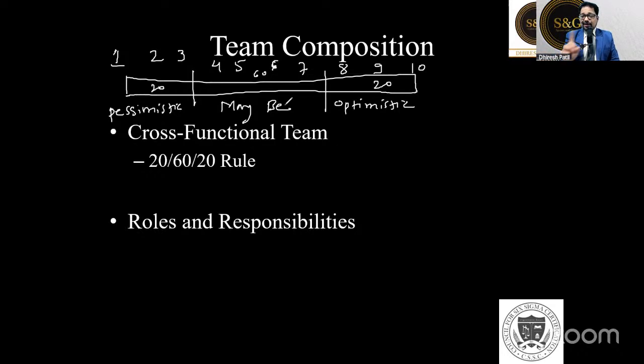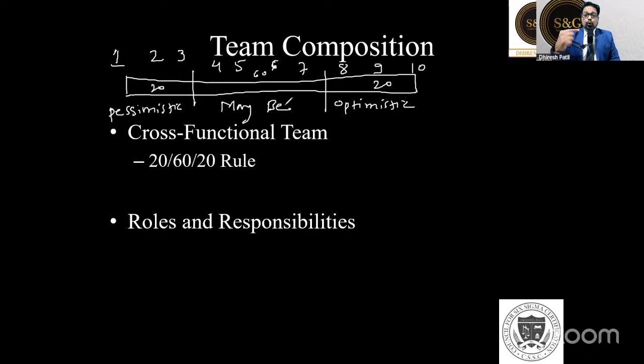So this is very, very important. How to understand pessimistic people? From their behavior. From their speech, you can easily. Okay, I'll give you an indicator to identify pessimistic people. This is very important.